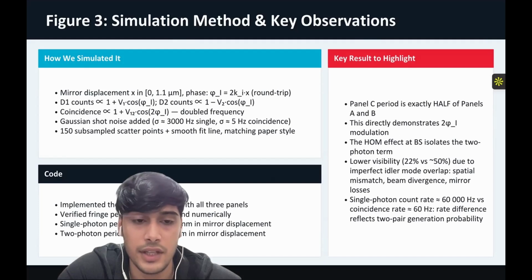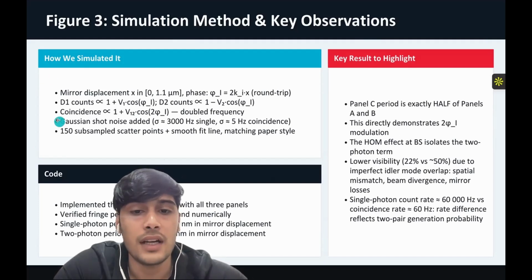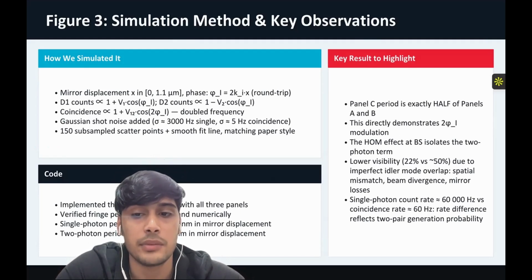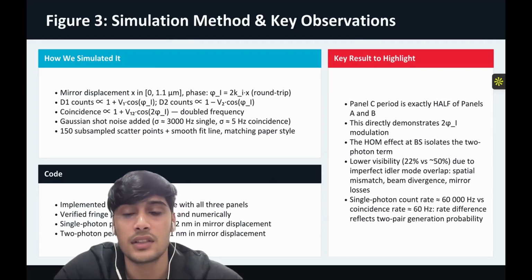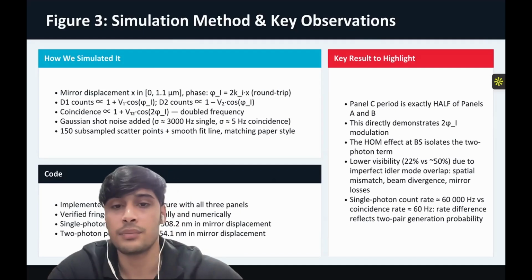In this case, it has become 2 phi I. We also add realistic Gaussian shot noise of about 3000 hertz standard deviation for the single counts and 5 hertz for the coincidences. And we subsample 150 scattered points from the continuous curve, which mimics the discrete experimental data in the paper. The smooth line on top of the scatter is a sinusoidal fit, just like the paper shows, and we will see the figure next.